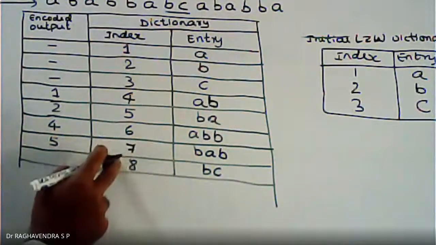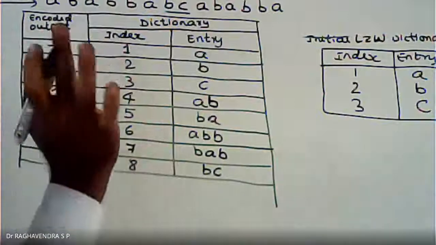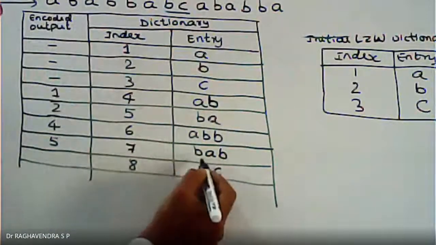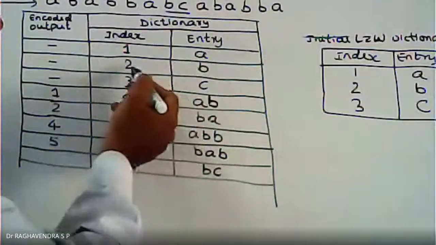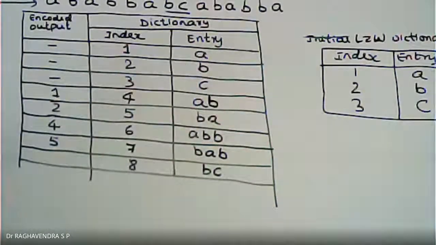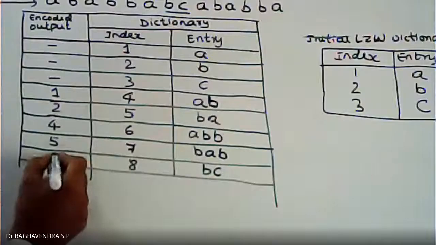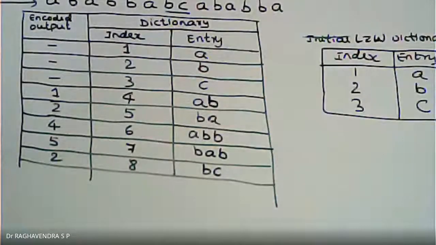It will be incremented to 8. Now find the highest match for BC. The highest match for BC is B. What is the index value of B? 2. So the encoded output is 2.